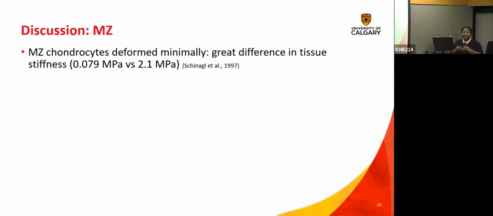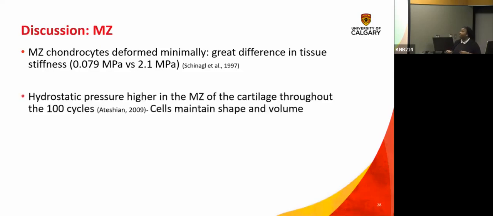It has more proteoglycans in there, so it's going to bind more water. So you're going to have more of that compressive resilience. So it makes sense why the middle zone cells will not deform that much. And then again, as I mentioned, you have the hydrostatic pressure in the middle zone being higher, so the cell is able to maintain its shape and volume.